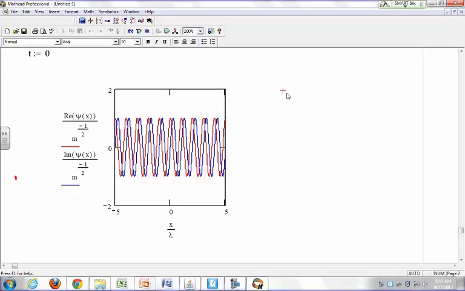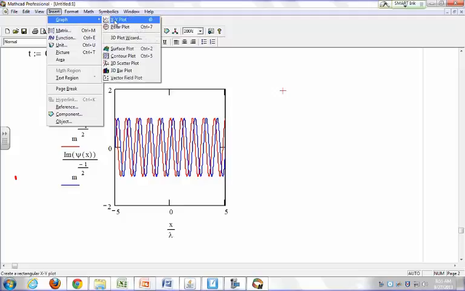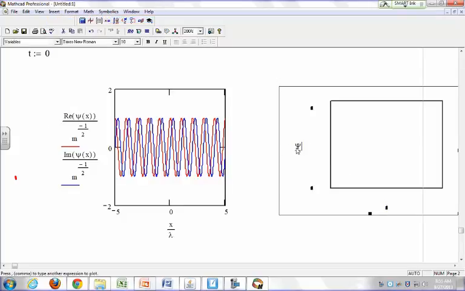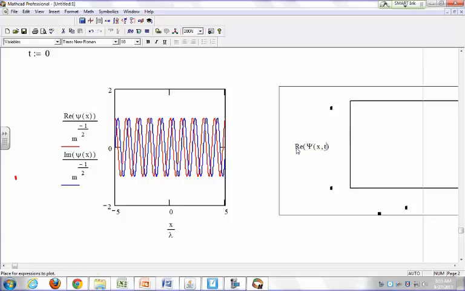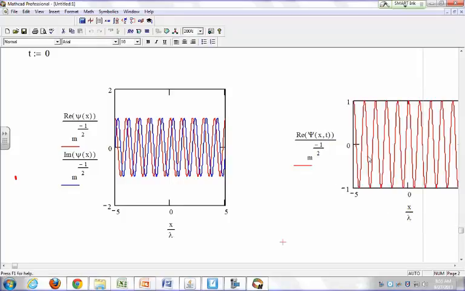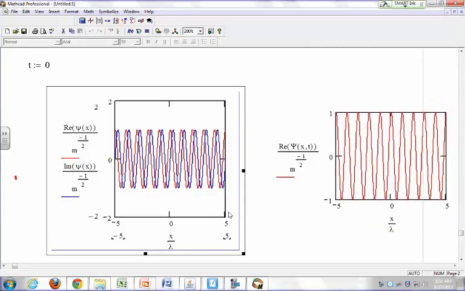All right, so let's do another plot here. This time we're going to plot big psi itself. Graph, xy plot. Big psi is a function of x and time. And again, it's going to have real and imaginary components. So let's do the real part, in m to the -1/2, versus x over lambda. Okay, and you can see it's pretty much the same because at t equals 0, big psi is just equal to little psi.